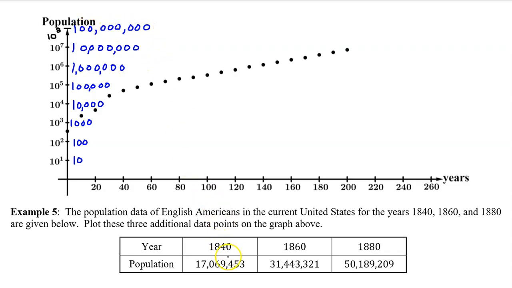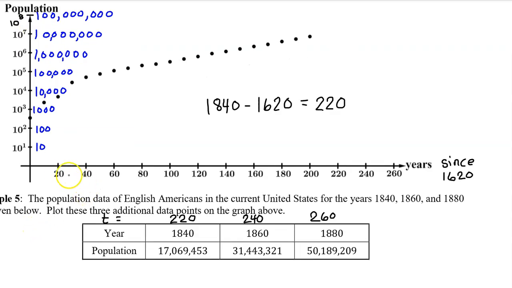Notice that the 3 data points that we need to graph are all between 10 million and 100 million. So these 3 points will fall between 10 to the 7th power and 10 to the 8th power. Don't forget that the numbers on the x-axis represent the number of years since 1620. 1840 minus 1620 is 220.